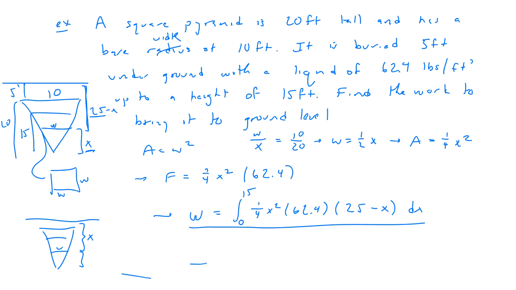And again, this other one is going to be 25 minus x. But now the similar triangles are the same basic thing, except now it's not w and x, it's w and 25 minus x.